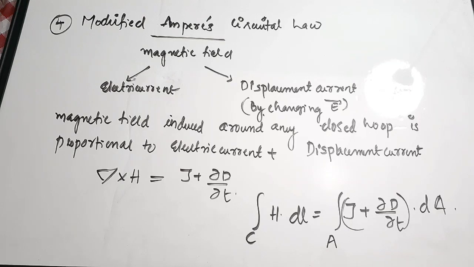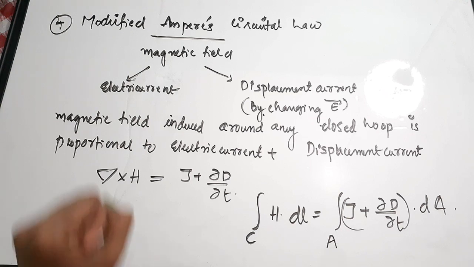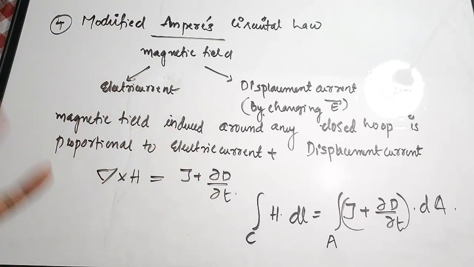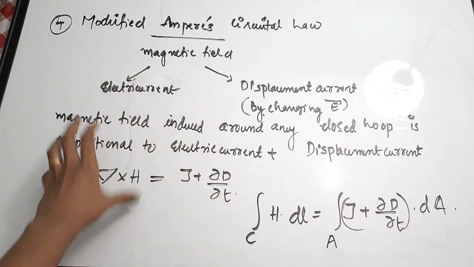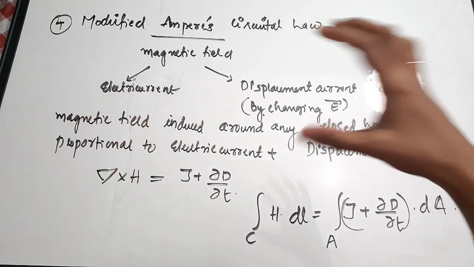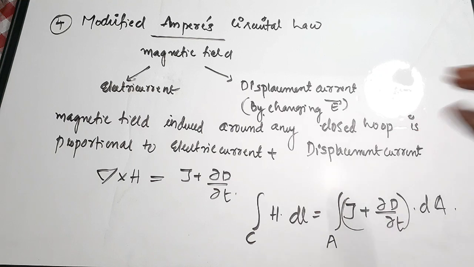Okay, so the fourth Maxwell's equation is the modified Ampere's circuital law. This equation states that there are two ways to generate a magnetic field. A magnetic field can be created either by an electric current passing through a conductor, or by displacement current, and this displacement current is due to the varying electric field.